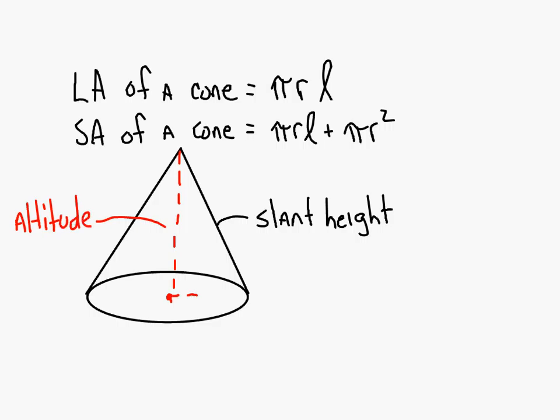And this segment right here represents your radius. Again, the altitude, the radius, and the slant height make up a right triangle. So if you're given the altitude and maybe the diameter, you can still find the slant height.